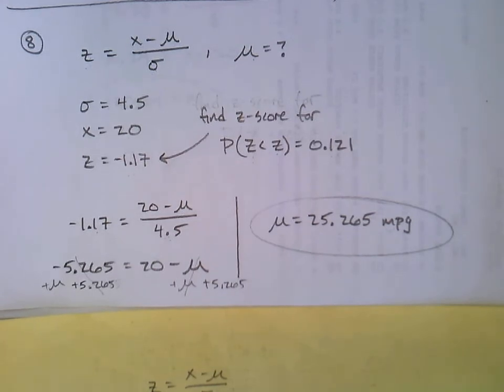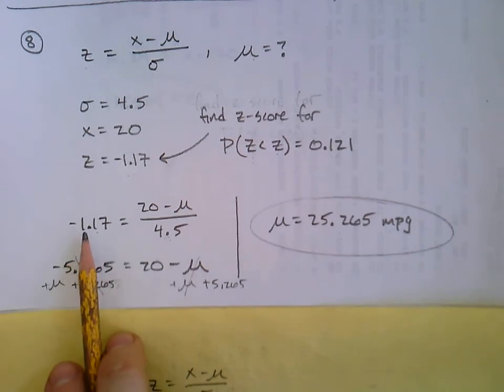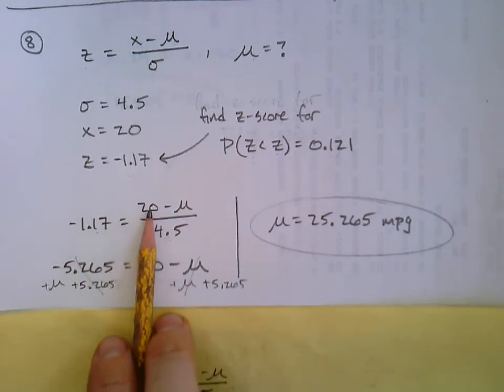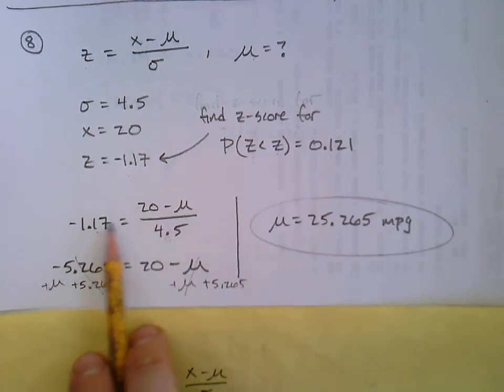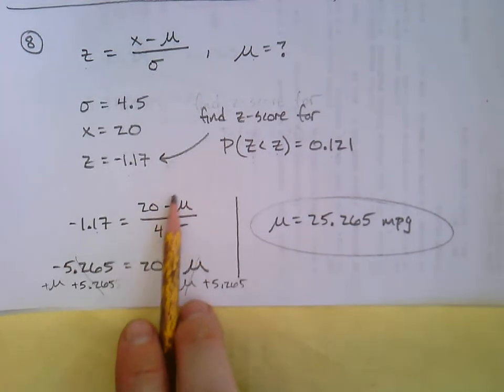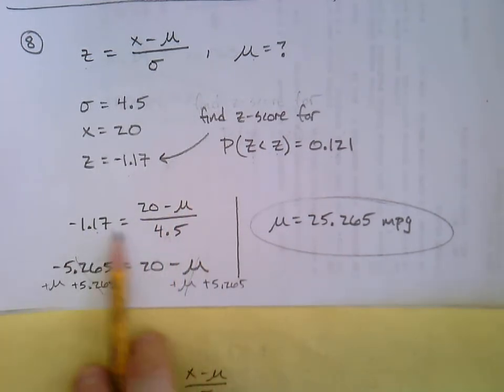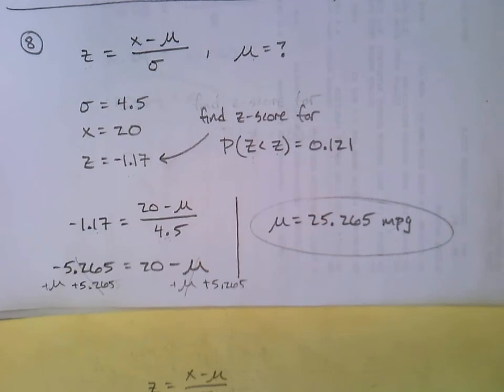So recognizing that and then knowing how to do it as well, and then seeing, okay, now we can put the z, the x, and the sigma into the formula, and we can solve that equation for mu, multiplying that over and then adding things to both sides that way. Not a simple problem. It may seem simple. There's not a lot of work necessarily, but knowing what to do and how to approach something like practice number 8, it takes some skill.